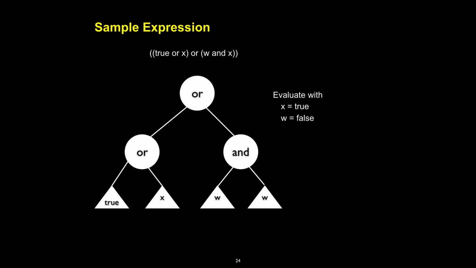The one on the left is an OR, and the one on the right is an AND. And so then I have an OR node, and the OR node again has two sub-expressions, but this time one is a constant and one is a variable x, right? And then we do the same thing with the AND.